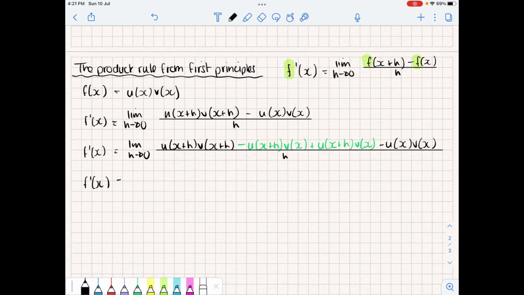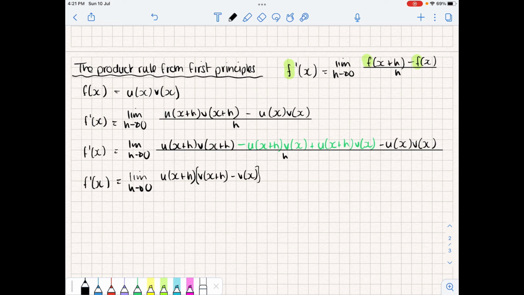Okay, now you'll see I can factor certain things out of the first two terms. So I'm going to pull out u of x plus h, and what's left over inside this bracket is v of x plus h minus v of x.